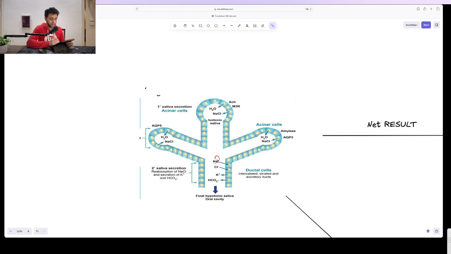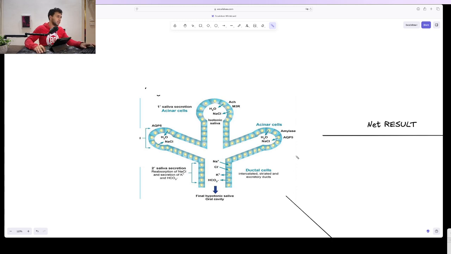Sodium is actively reabsorbed, and the chloride is passively reabsorbed. It follows the sodium. Potassium is secreted by the ductal cells, and so is the bicarbonate.